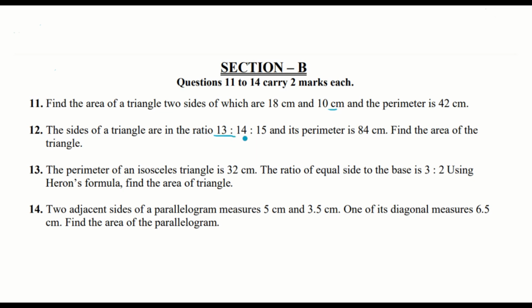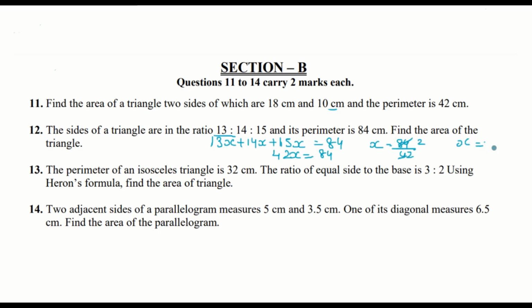The sides are given as a ratio. So let's find the sides first by taking this ratio as 13x, 14x and 15x. The summation of all this is equal to the perimeter 84. And 13x plus 14x plus 15x is equal to 42x. So x is equal to 84 divided by 42. So it's 2.